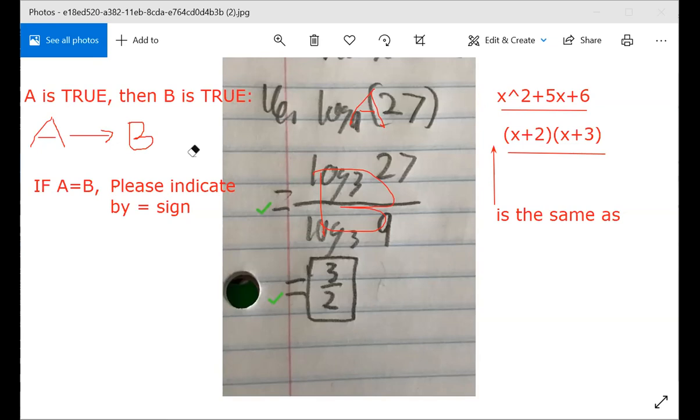In the future, you will learn situations where you use an arrow, like in matrix operations. In logic, when you learn discrete math, there will be a lot of it: if A is true, then B is true. In that case, they're not equal, but A will lead to B.